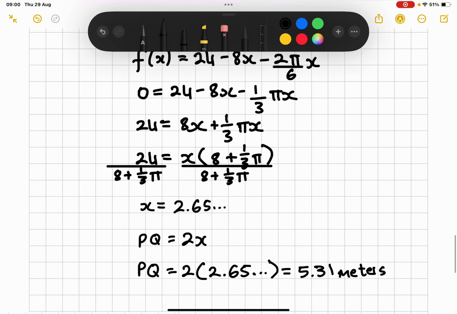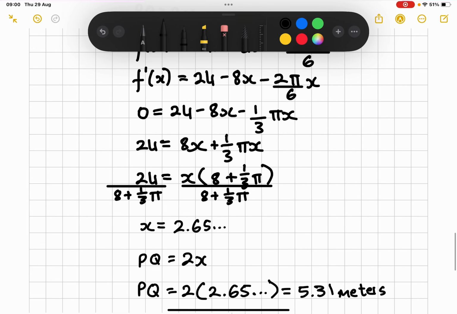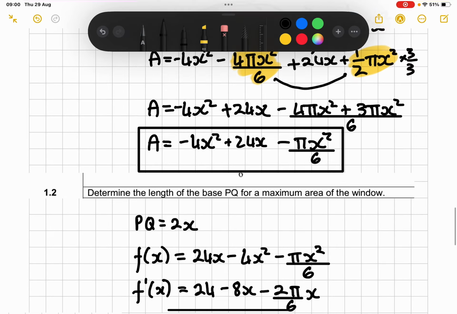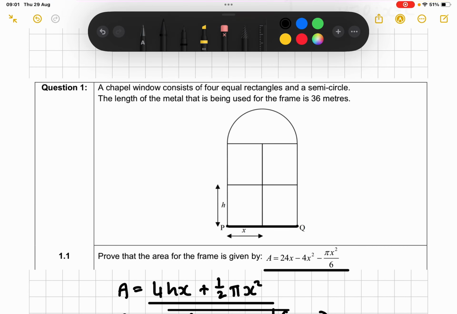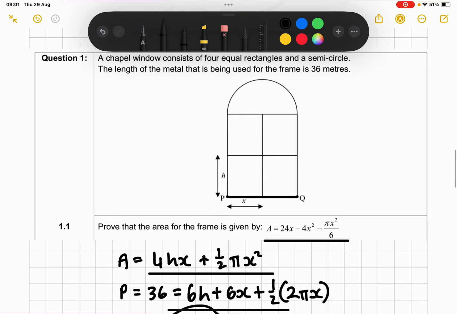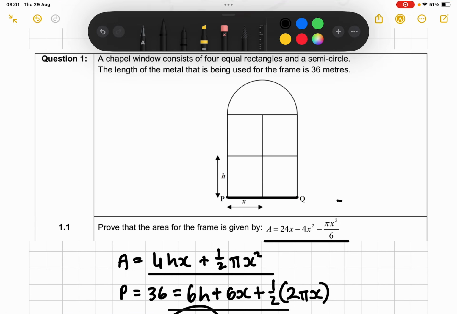Then you'll see that certain values of PQ will just give a maximum of the area of the window, basically. I don't really know how to say that other than actually solving for it, but I really don't want to do that, so please guys forgive me for that.